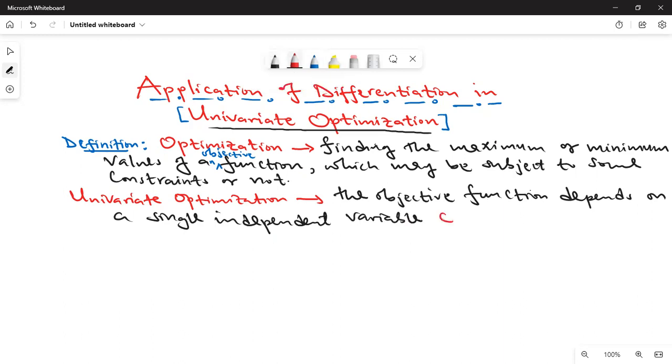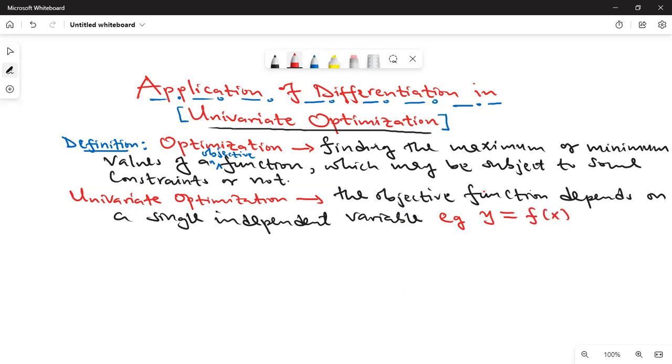E.g., you could talk of y is a function of x. X is the independent variable, so just one independent variable. So we are going to be optimizing such kind of functions where the independent variable is just one.